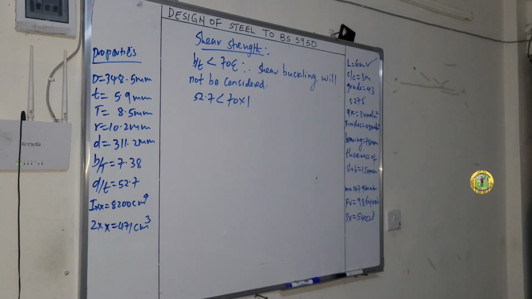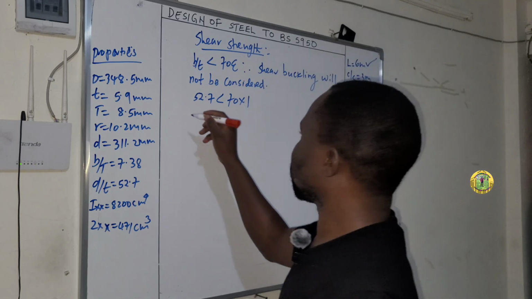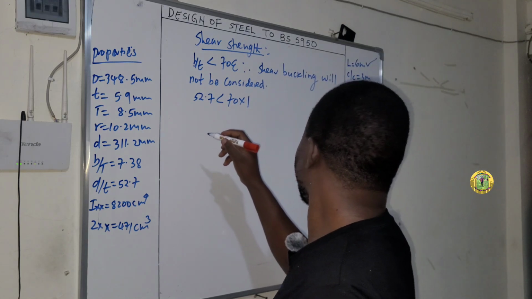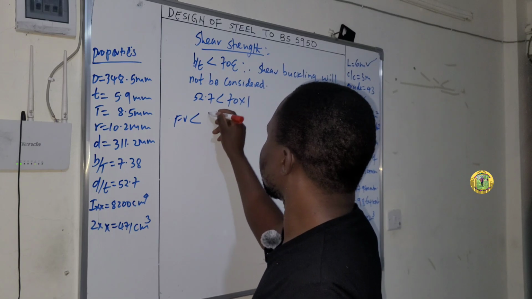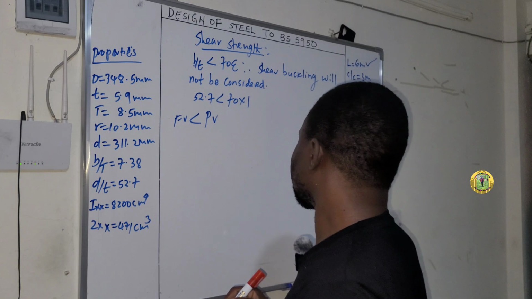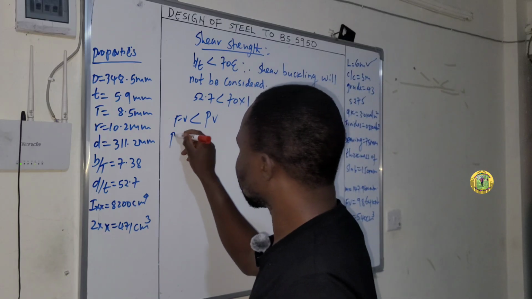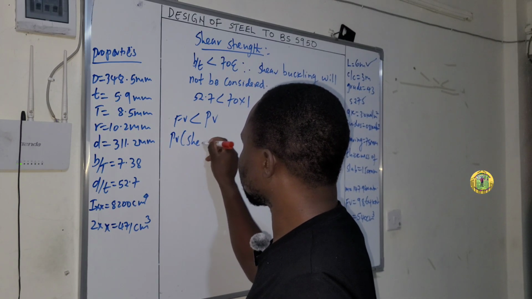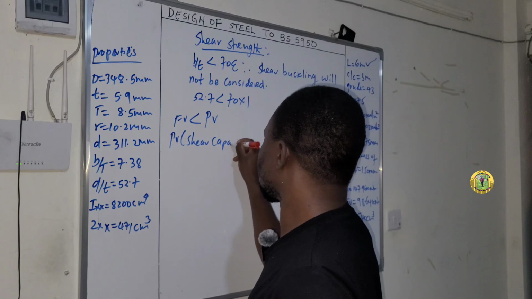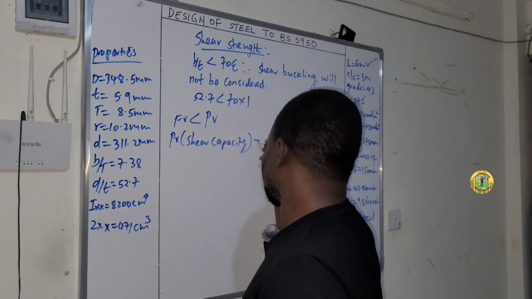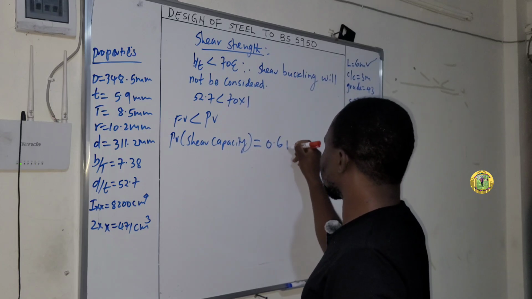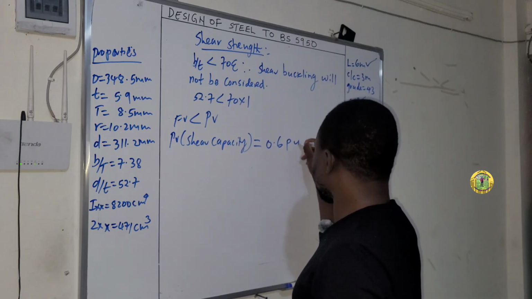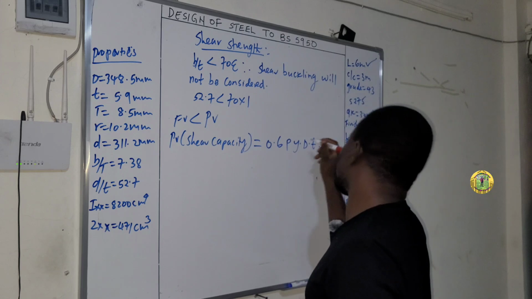So we now proceed to the shear capacity. Before that, our Fv must be less than the shear capacity Pv. And Pv, which is the shear capacity, is equal to 0.6 Py times D times t.